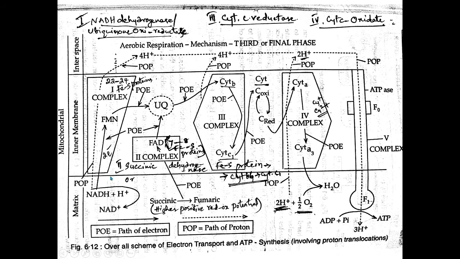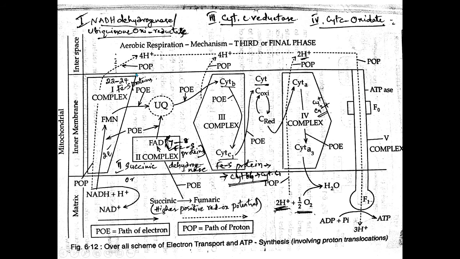Ultimately, whether the electrons enter from complex 1 or complex 2, they reach the oxygen, and oxygen is reduced to water by accepting protons from the mitochondrial matrix.